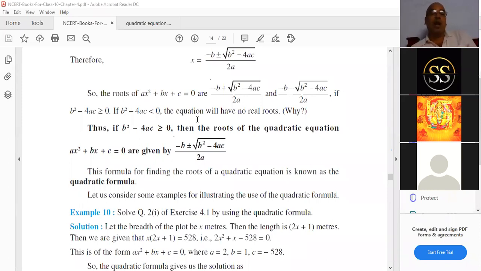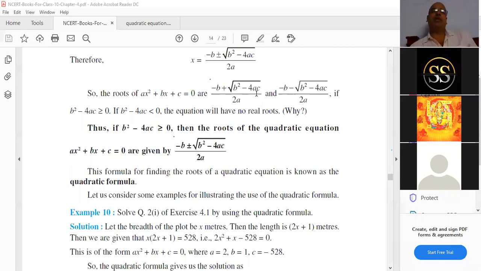And the quadratic formula: x equals minus b plus or minus root b square minus 4ac by 2a. It is the derivation of the quadratic formula. In this, the two roots are minus b plus root b square minus 4ac by 2a, and minus b minus root b square minus 4ac by 2a.